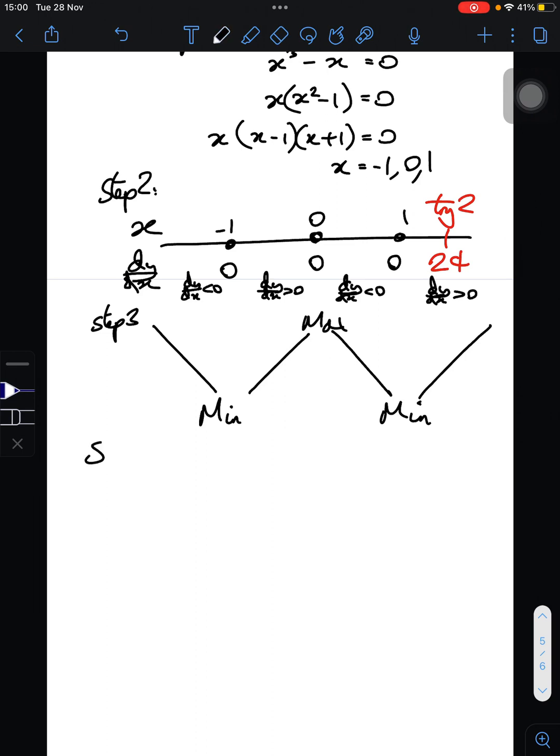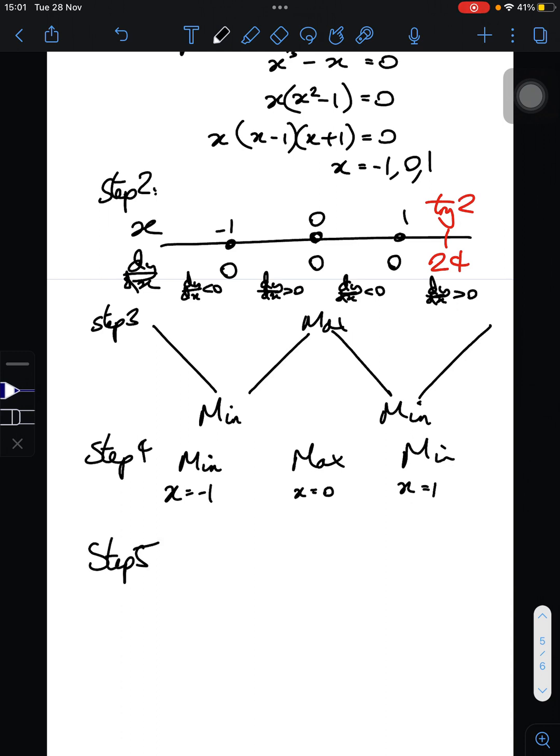Step 4 is therefore we have a minimum, x equals -1 is a minimum, maximum x equals 0, and then another minimum at x equals 1. So that was step 4 on your sheet.